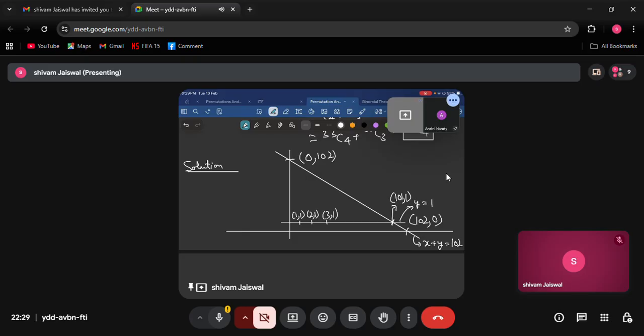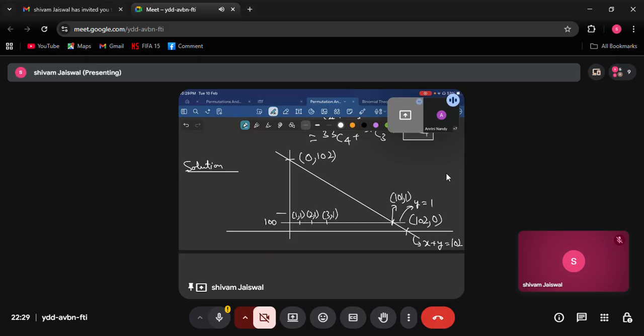So in total, how many points lie on this line which are inside the triangle? Tell me, how many points will lie inside the triangle? So 100.